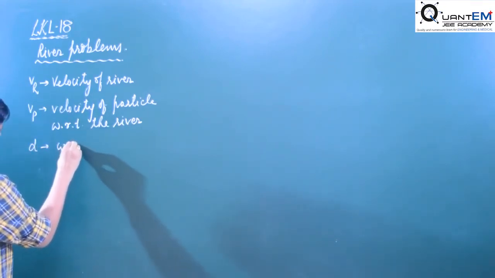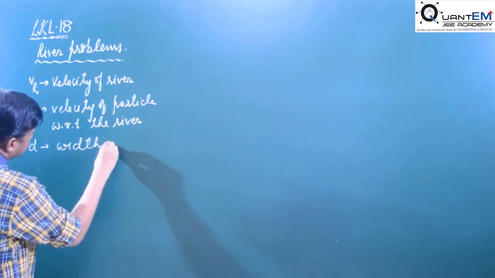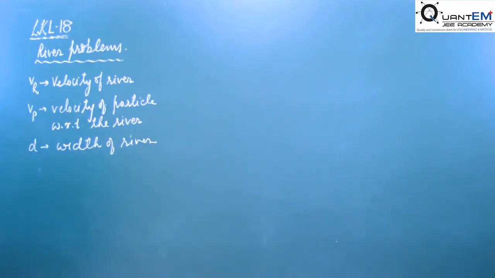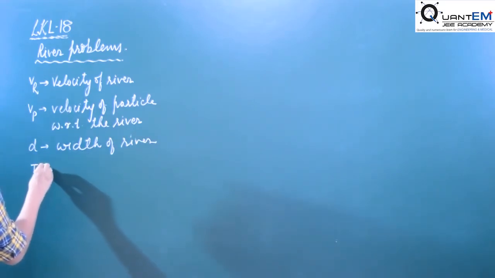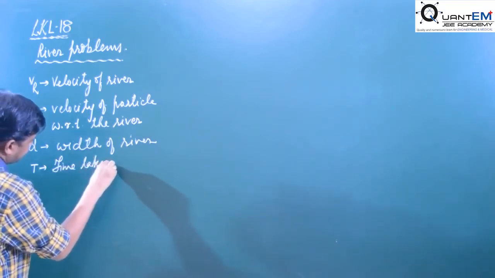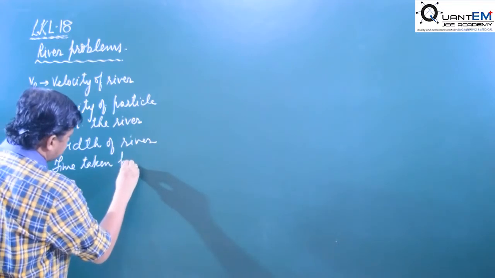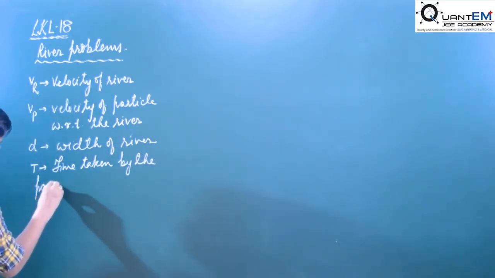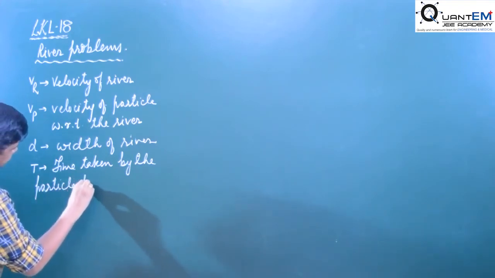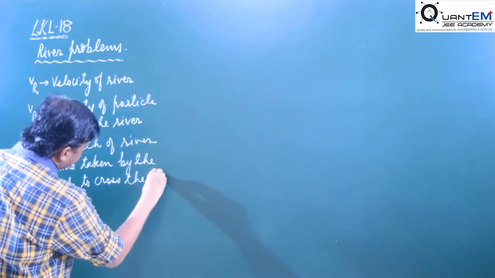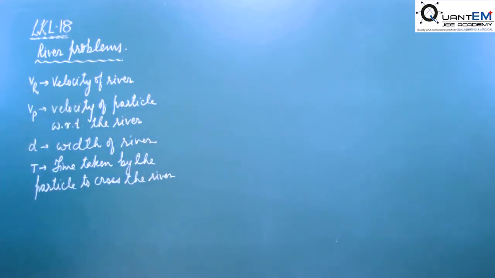D is suppose the width of river, and T is suppose time taken by the particle to cross the river.